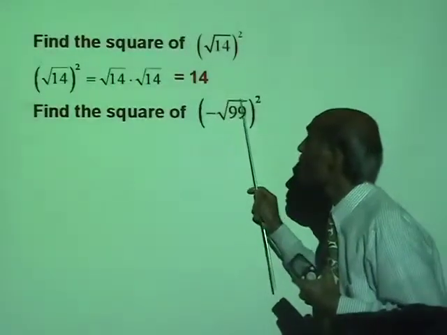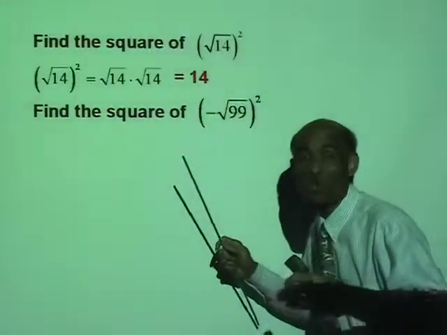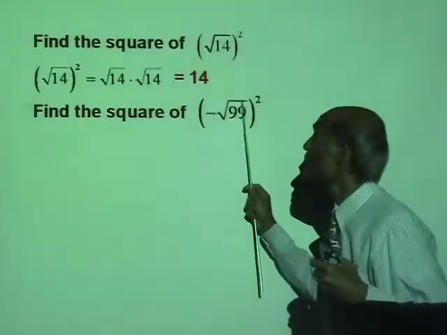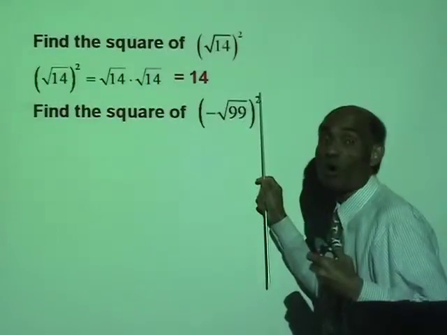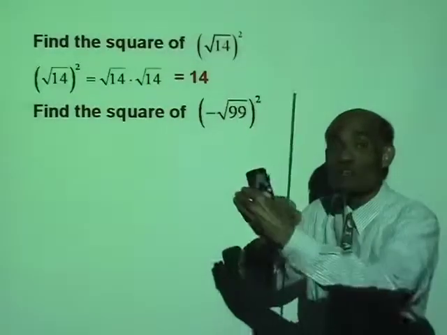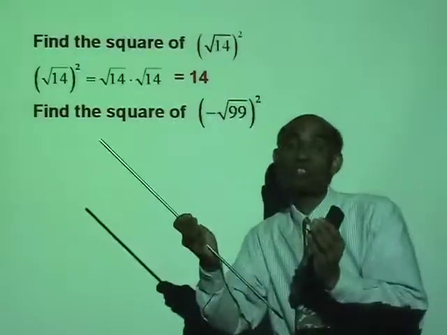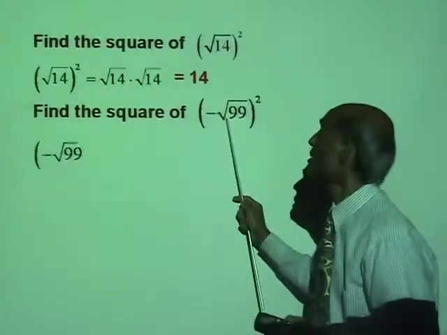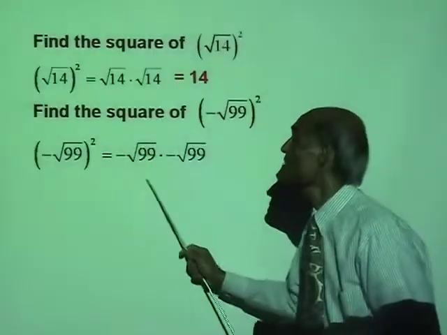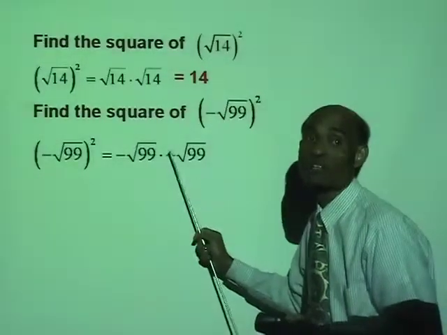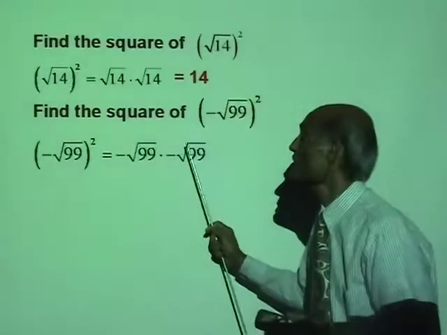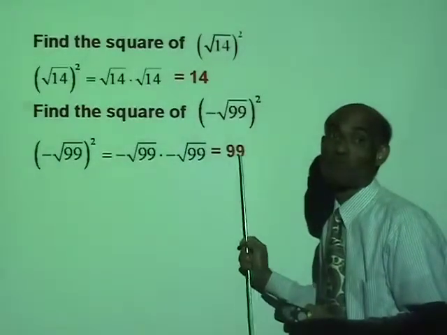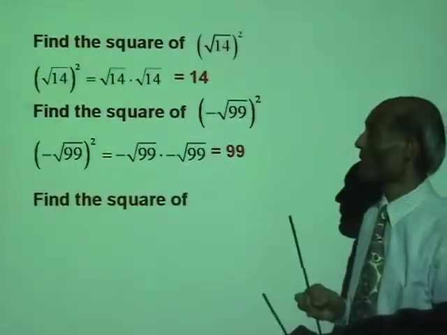Squaring a square root will cancel that operation. Why? Because taking the square root and squaring are reverse processes. One operation will undo the other. That means the answer here will be: negative times negative is positive, and square root 99 times square root 99 is 99. Okay, let's do another one.